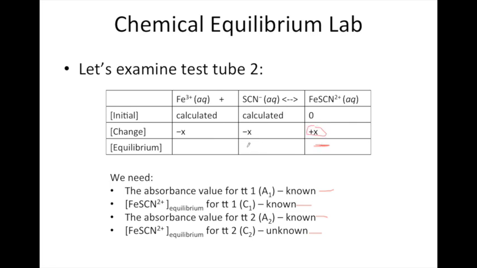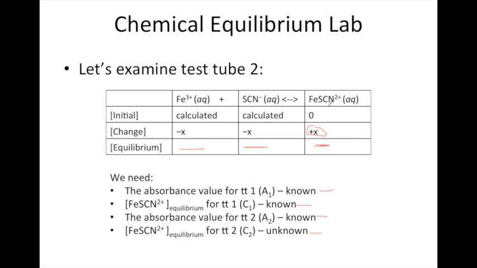So then we can calculate the equilibrium concentration of thiocyanate by taking the initial concentration of thiocyanate minus X, which we know now, and the initial concentration of iron 3 minus X, and therefore we should be able to get our equilibrium concentrations for all of our species.